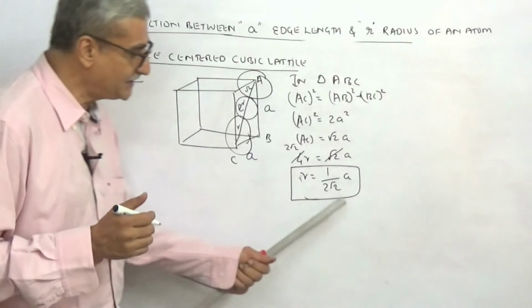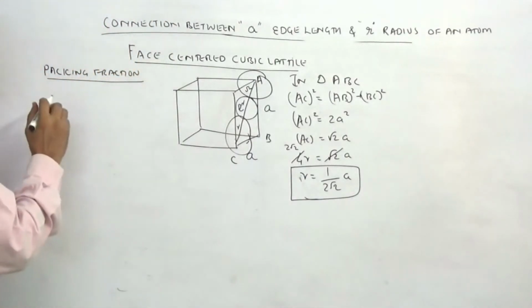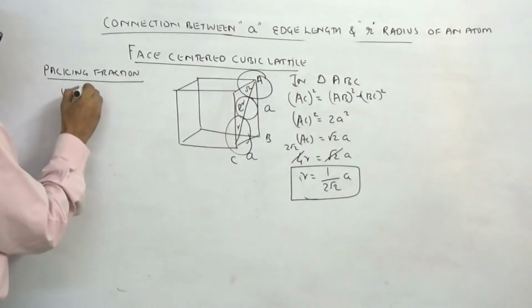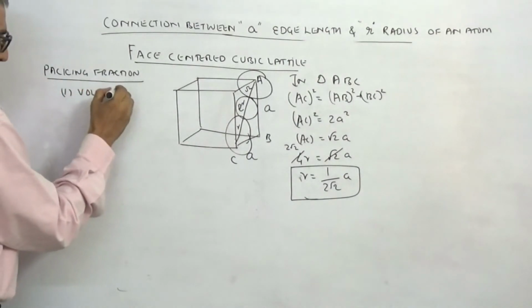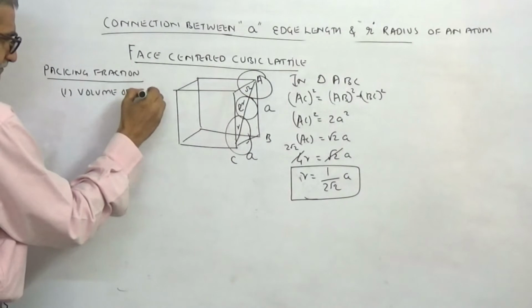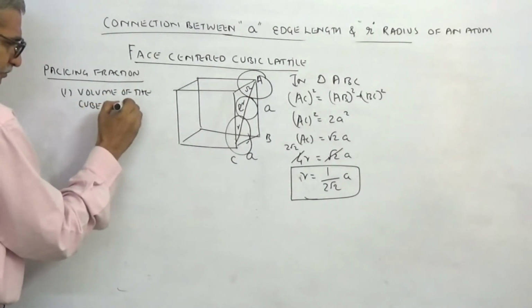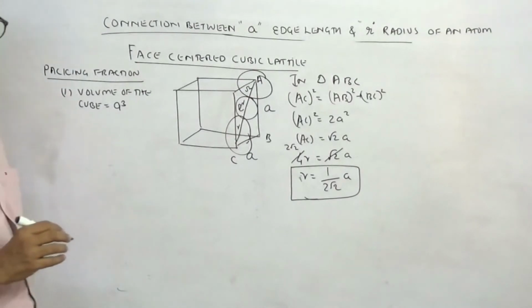So R, the radius, is this. Is this point clear? Now we know what is packing fraction. First in packing, what are we taking? Volume of the cube. Volume of the cube will be equal to A cube: length, breadth, height.